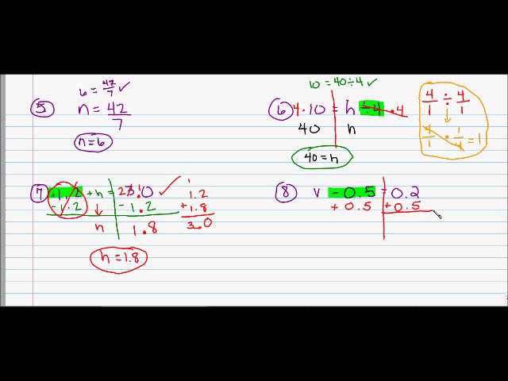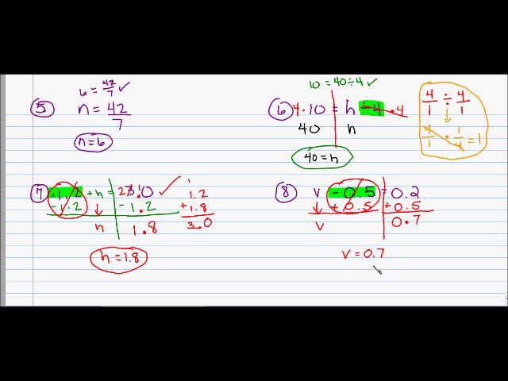It's very important to line up my decimals because I bring my decimal down. 5 plus 2 is 7, and 0 plus 0 is 0. I did not do anything with the v, so I'm going to bring the v straight down. This equals a big fat 0. And I have v equals 7/10.